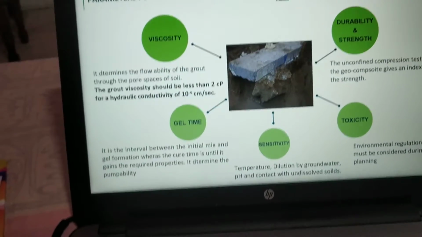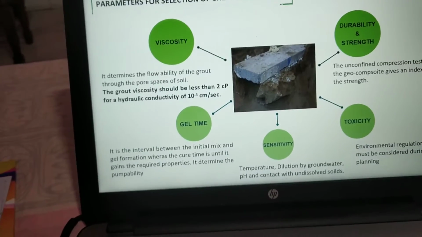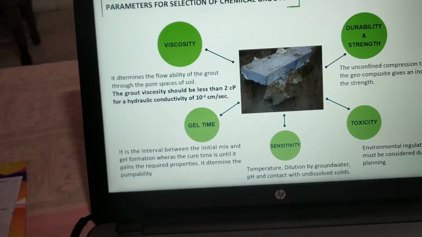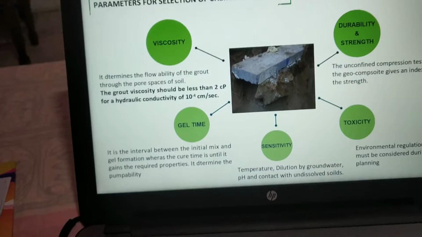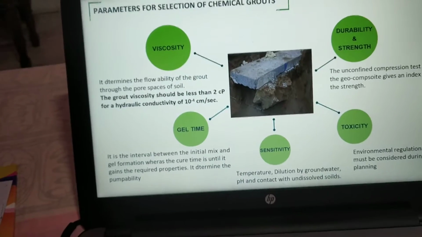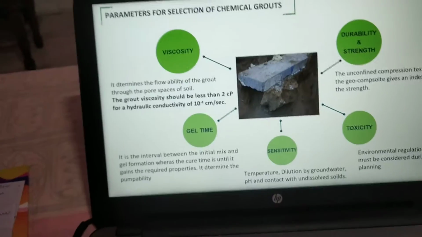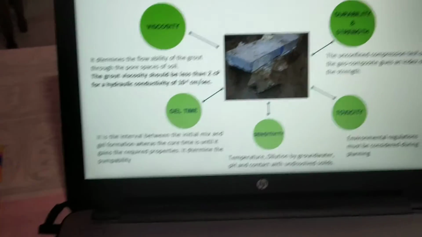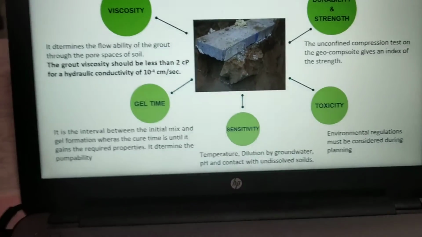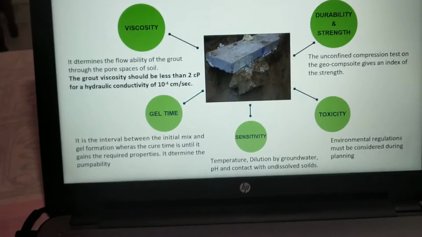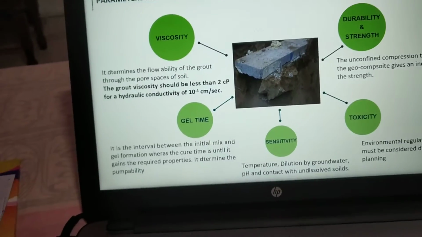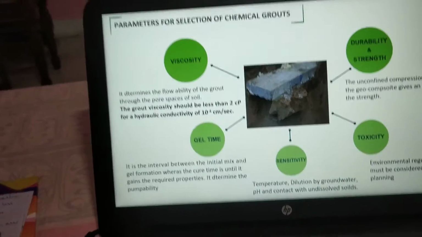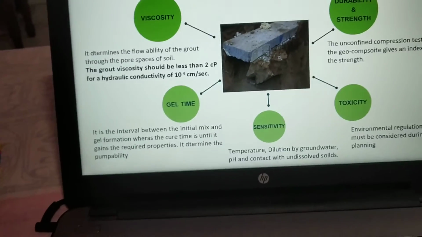Whereas in the case of the two-shot process, we initially inject the chemical into the rock mass, and later, after it has attained a certain gel-like formation, we mix the additives and auxiliary agents and add them to it. So in general, the one-shot process takes a larger gel time, whereas the two-shot process takes a smaller gel time. So it determines the pumpability, that is, how we are going to pump the grout into the rock mass.